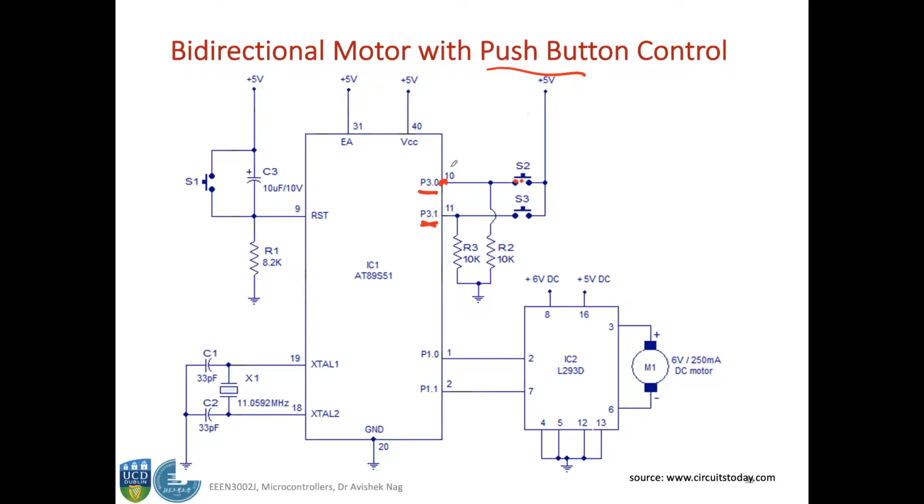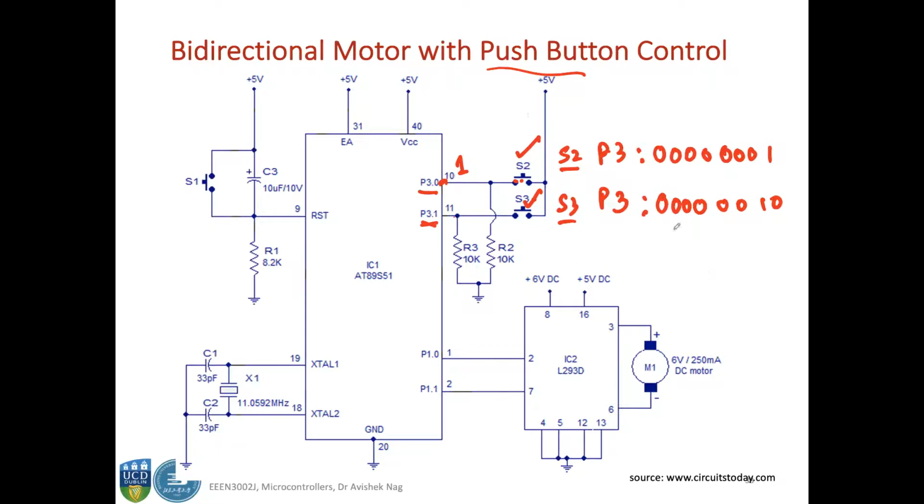So 3.0 will be logic 1 when S2 is closed, and if 3.0 is logic 1, then your port 3 will look like this: 0 0 0 0 0 0 0 1. When S3 is pressed, then 3.1 will have a high voltage, so this is for S2 and this is for S3. In this case, the logic configuration of port 1 will be this.